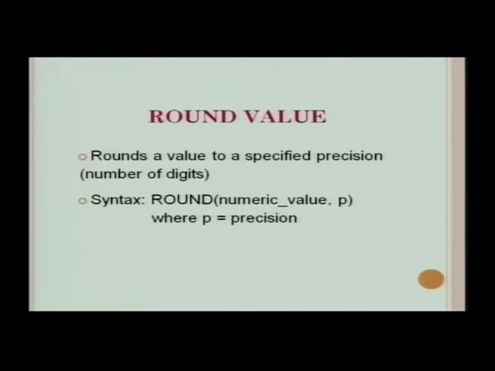The round function rounds a value to a specified precision. In this syntax, you put round as the keyword, then the numeric value, and a comma p, where you put the precision, up to which digit you want the value specified.